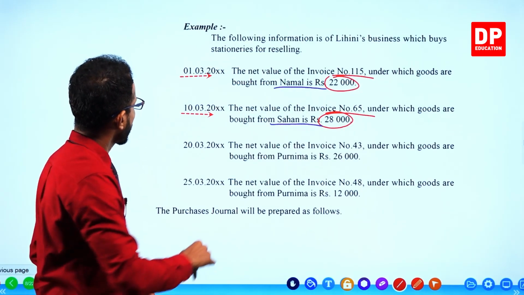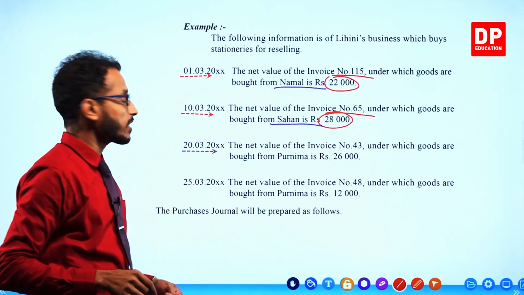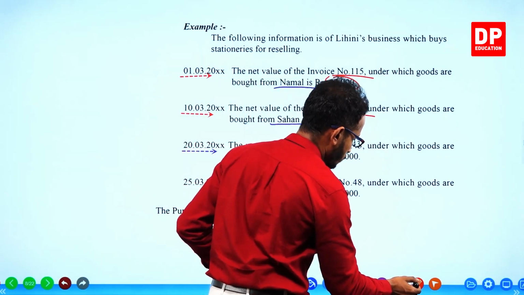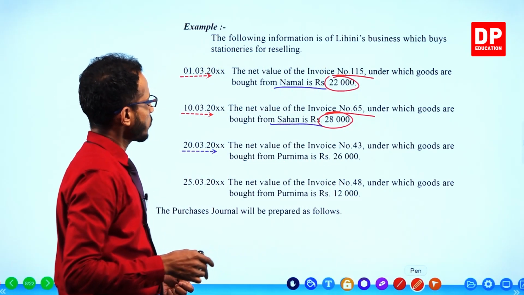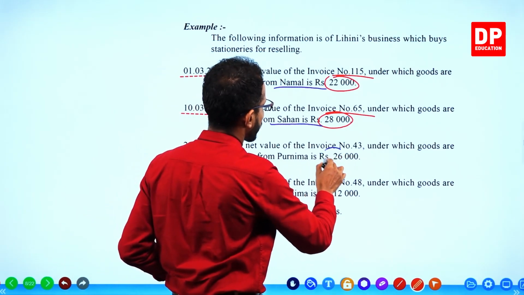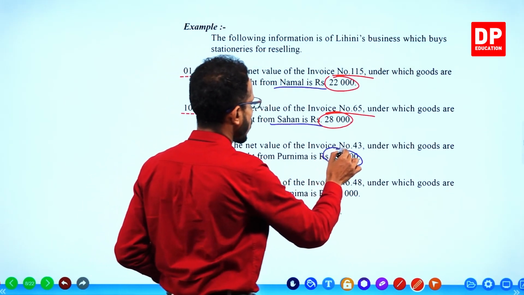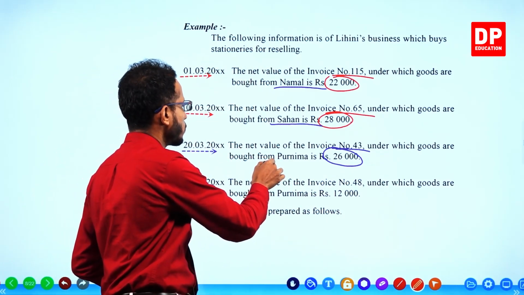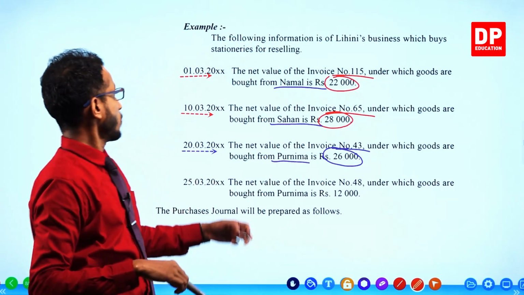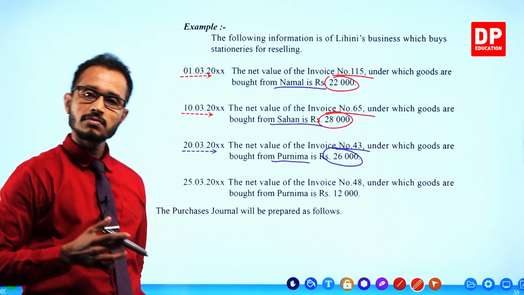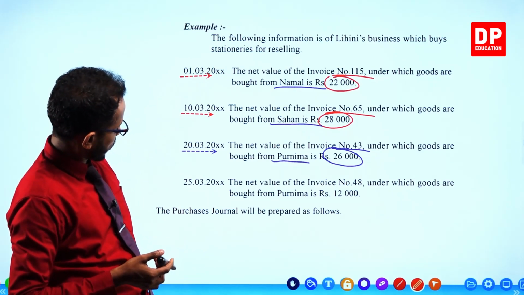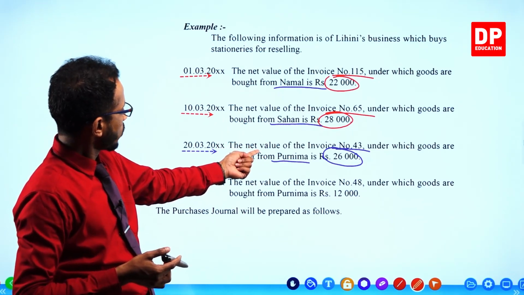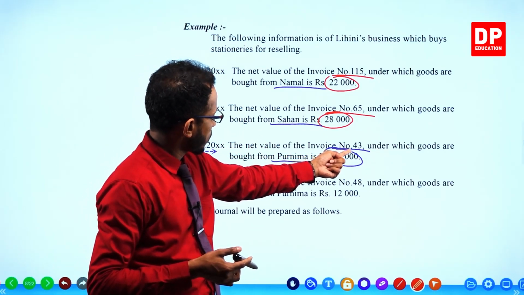Next. 20th of the month, 20th of March. Net value is 26,000. Invoice number 43. Goods are bought from Purnima.